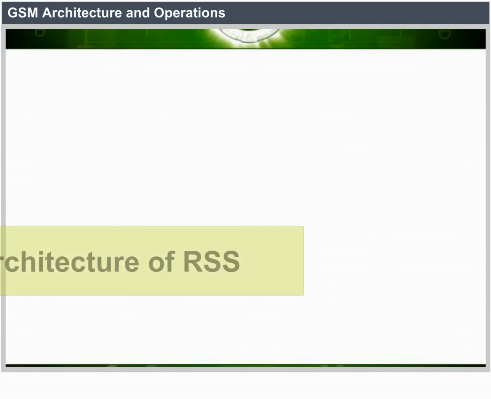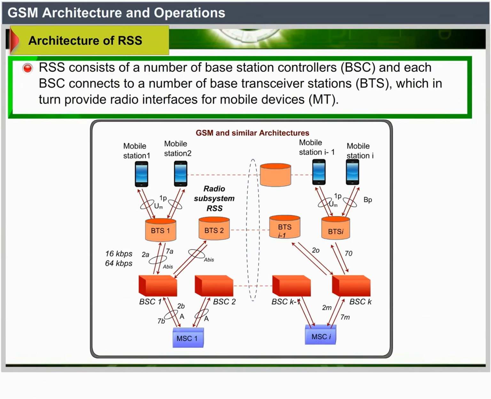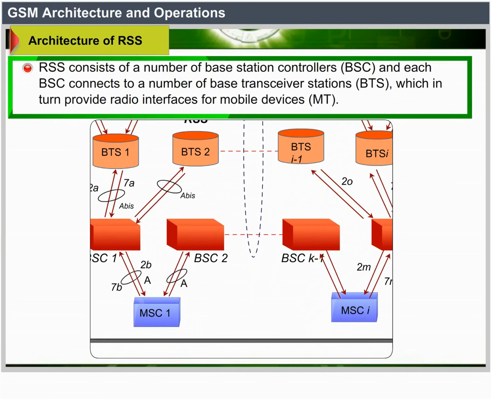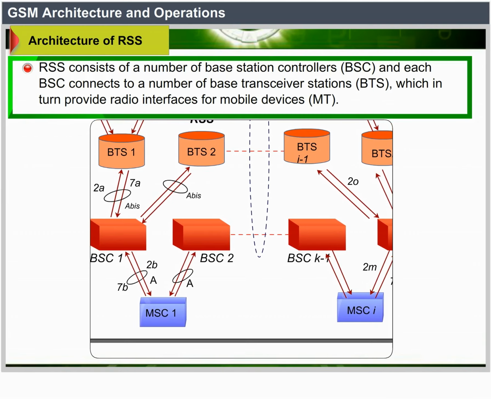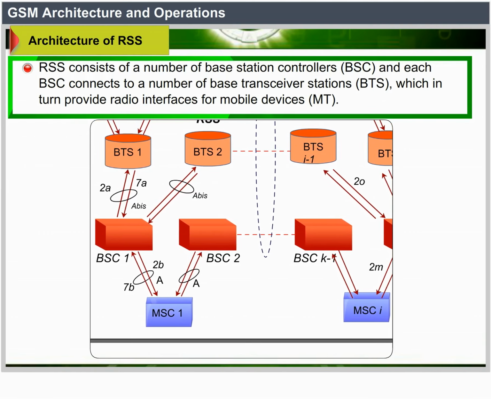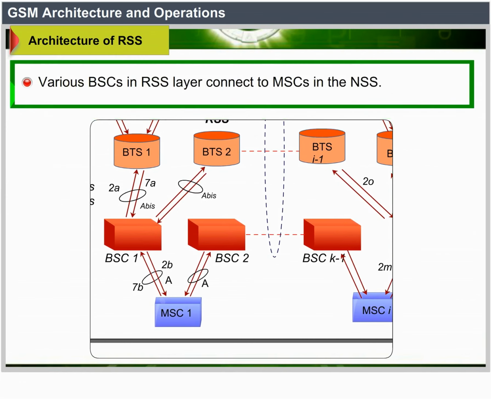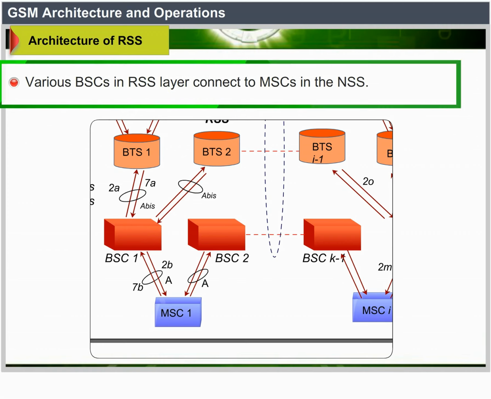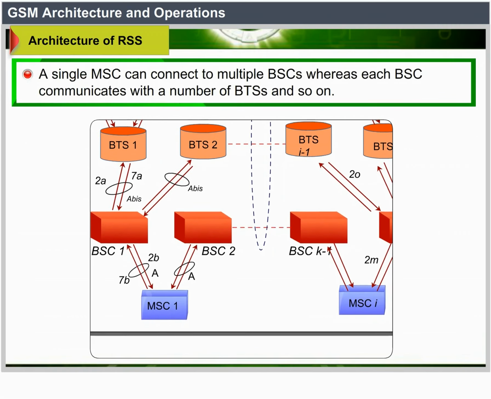Paging. Architecture of RSS. RSS consists of a number of base station controllers BSC, and each BSC connects to a number of base transceiver stations BTS, which in turn provide radio interfaces for mobile devices MT. Various BSCs in the RSS layer connect to MSCs in the NSS. A single MSC can connect to multiple BSCs.